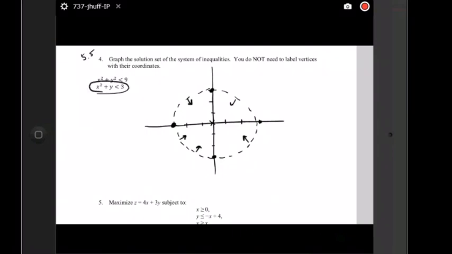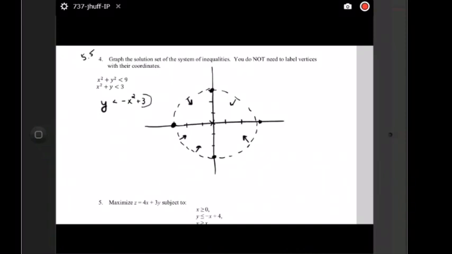Now the bottom inequality, because it's just x squared, I'm going to rewrite it as y is less than negative x squared plus 3. It's going to be easier to graph if you write it like that. And now this is taking us way back to chapter 2, I think, when we learned transformations of functions.